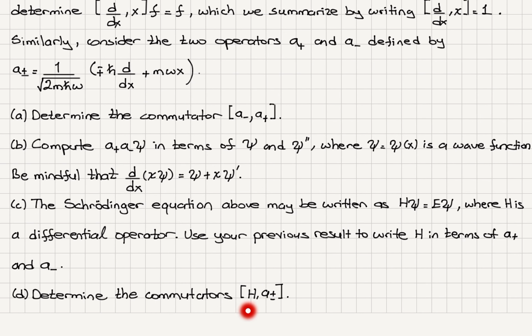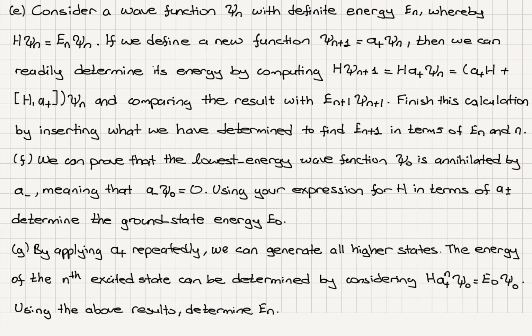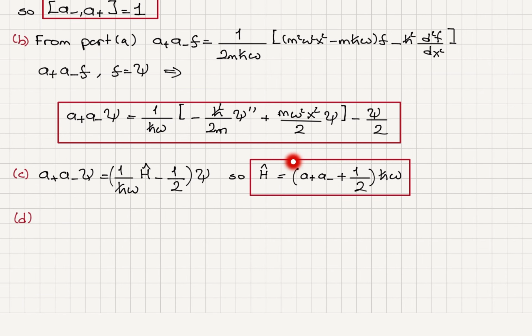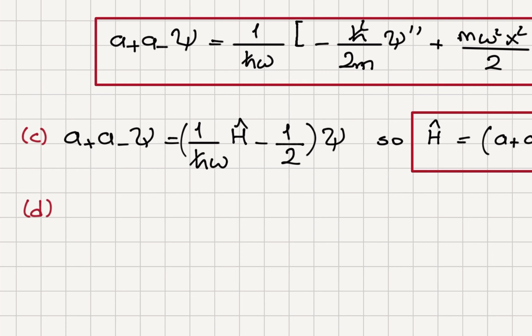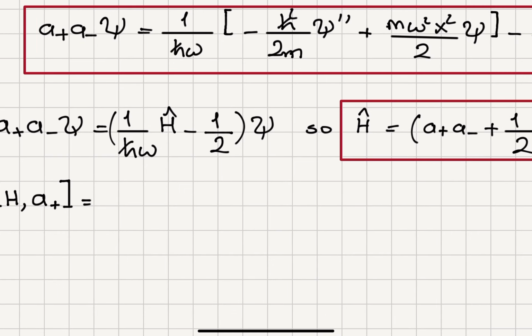Determine the commutators Hamiltonian A plus or A minus. So because we have done this exercise in part C, this will be rather simple. So square brackets, Hamiltonian operator, A plus operator, Hamiltonian A plus commutator. Let's see what this is. So first, we have to apply the A plus operator and then the Hamiltonian operator.